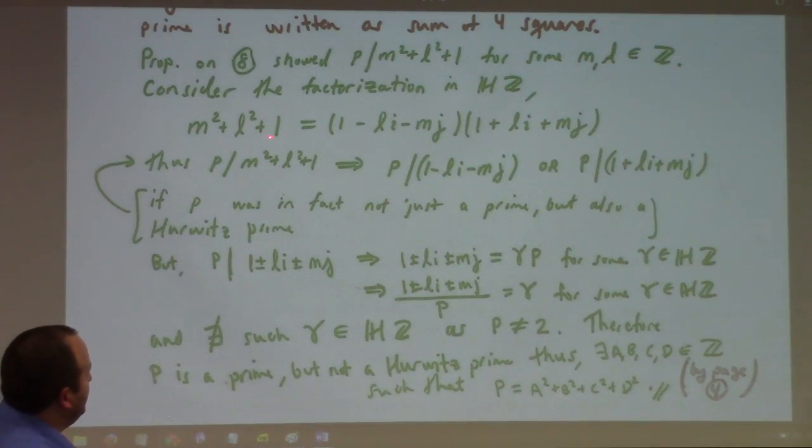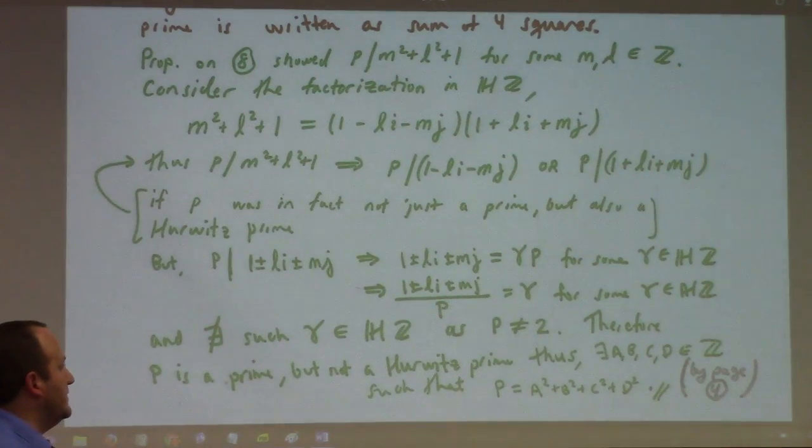Like m squared plus L squared plus 1 factors to L minus 1 minus Li minus Mj, times 1 plus Li plus Mj. Therefore, P divides this or that, all right? And so if P divides either this or that, that means that one or the other of them is a multiple of the prime, because the prime divisor property for the Hurwitz integers holds for ordinary primes.